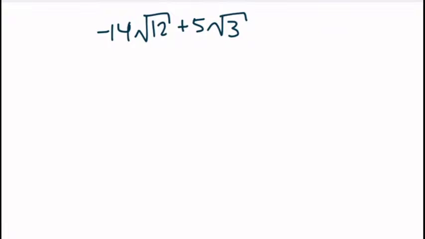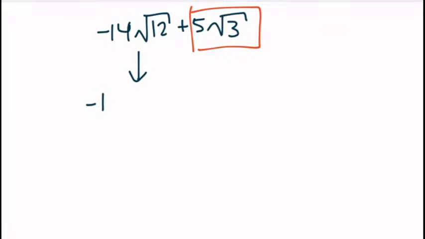Our next problem is negative 14 times radical 12 plus 5 radical 3. And just at first glance, we know that 5 radical 3 is at its simplest form, so we're going to try dividing 12 by 3 to see if it can be standardized to one radical. And indeed, 12 divided by 3 is equal to 4, so we know that radical 12 can be turned into some form of radical 3.